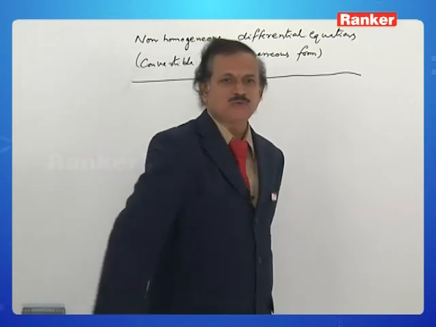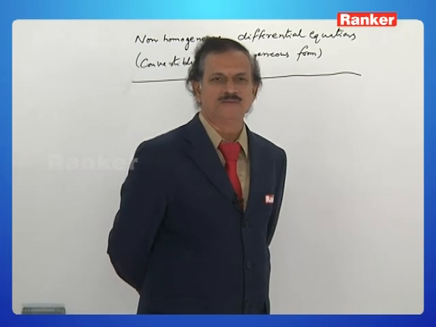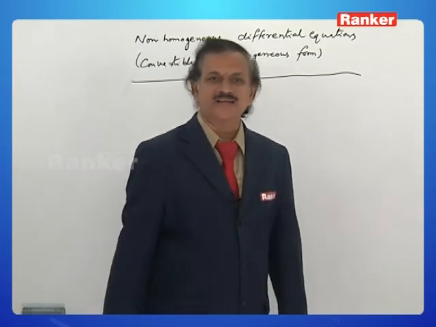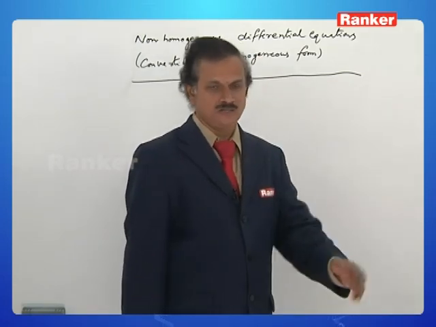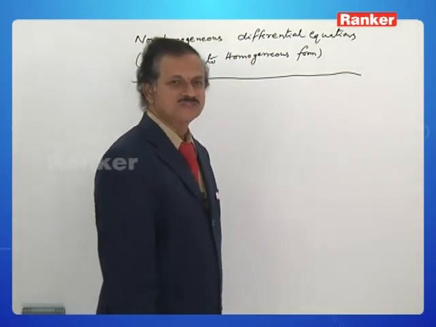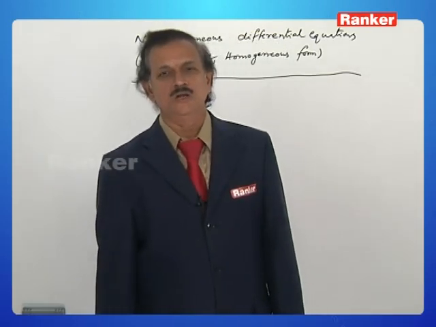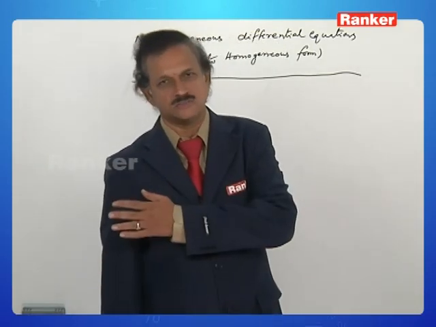For that purpose only, I just solved two or three problems for this, so that you can understand the method of solving it. Okay, first of all, let us understand the standard form of these equations, which look like homogeneous but not homogeneous.